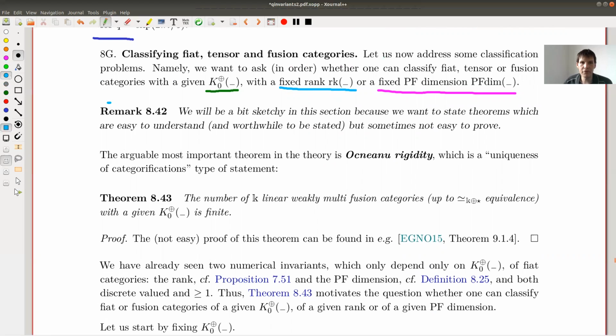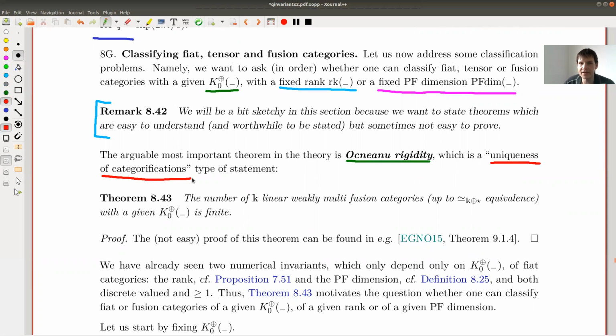Okay, before we jump right into it, as I said, this is even in the lecture notes, this is a bit sketchy because it's not so easy to prove, right? But I give the references. And the arguably most important theorem in this setup is what is called Ocneanu rigidity, which is a uniqueness kind of statement.